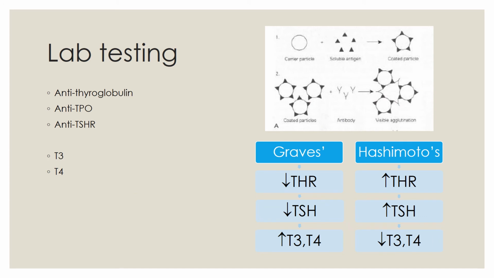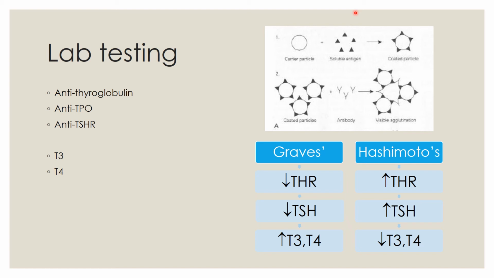The lab testing that you're going to get, there are three major antibodies involved with thyroid autoimmune disease: the antithyroglobulin of Hashimoto's, the thyroid peroxidase, and the TSH receptors. 90% of patients demonstrate antithyroglobulin.